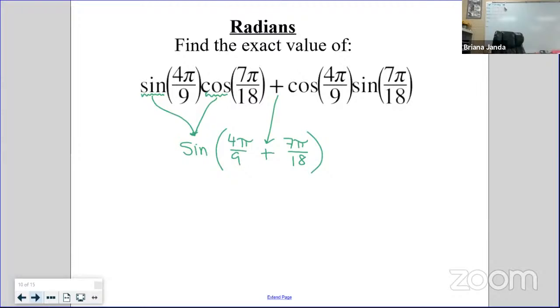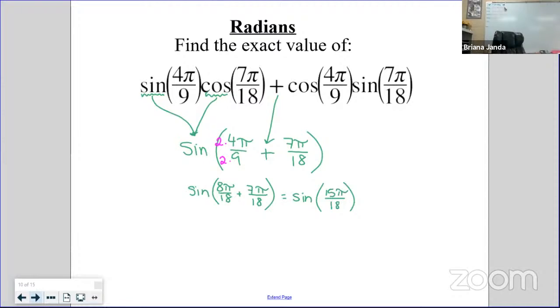But if we are talking radians, I want to put these together. We need common denominator, right? So my common denominator is going to be 18. I'm going to multiply that first fraction by 2 to get my common denominator. Okay, 8 plus 7 is 15.